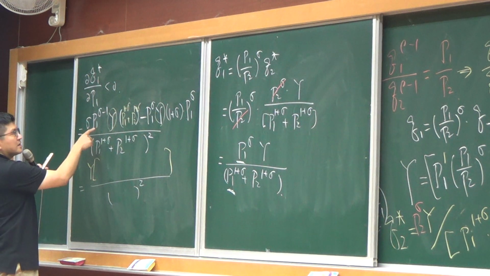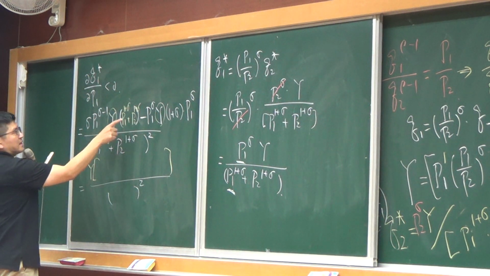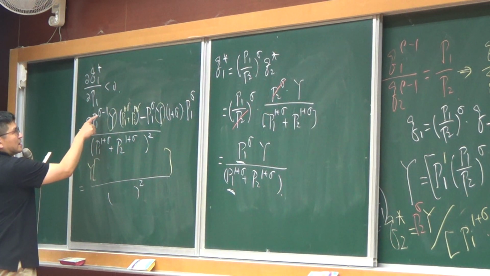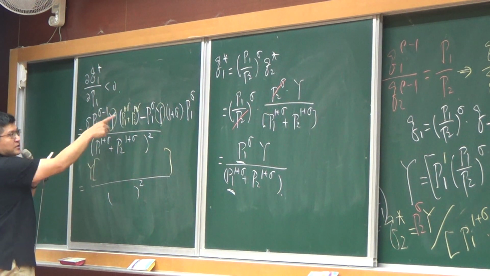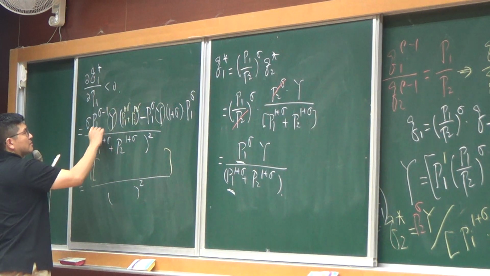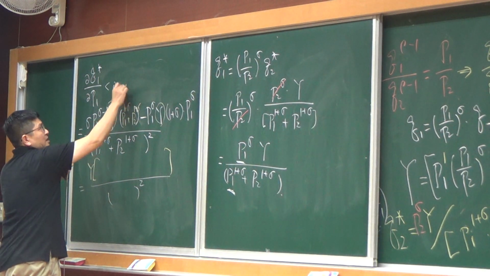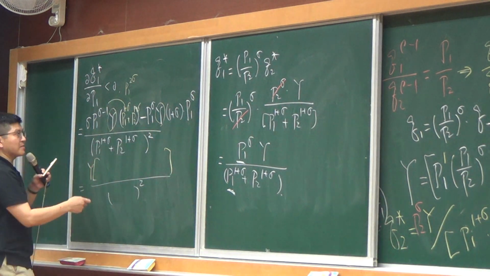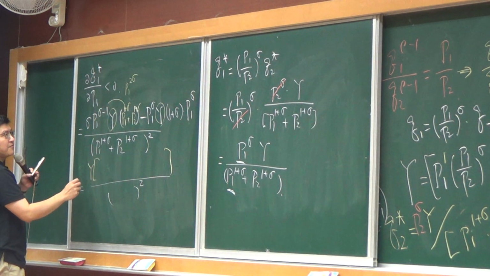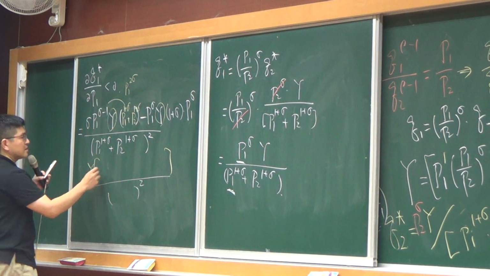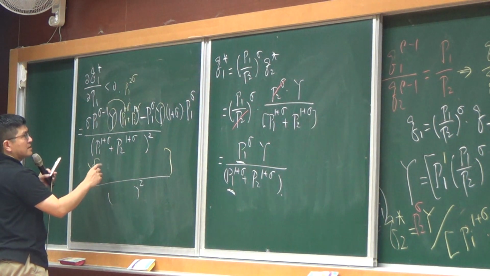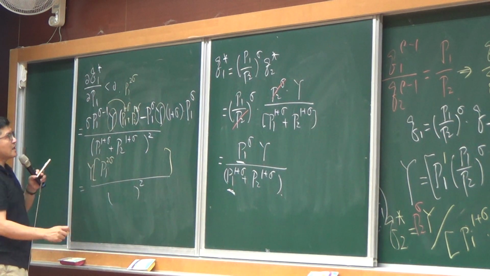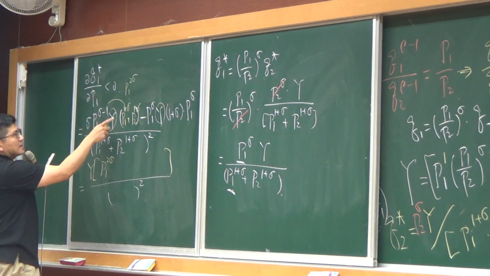So we have this, and this would be P1 to the power of 2 sigma. So this would be P1 2 sigma. And we have P1 2 sigma. So we may have P1 to the power of 2 sigma.